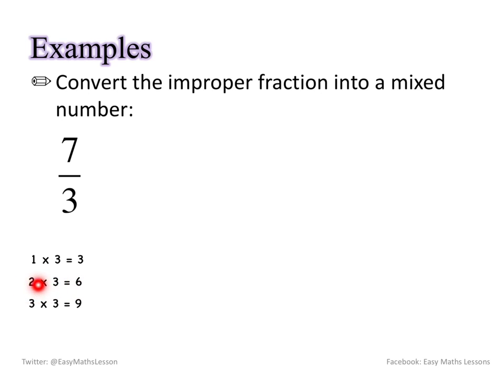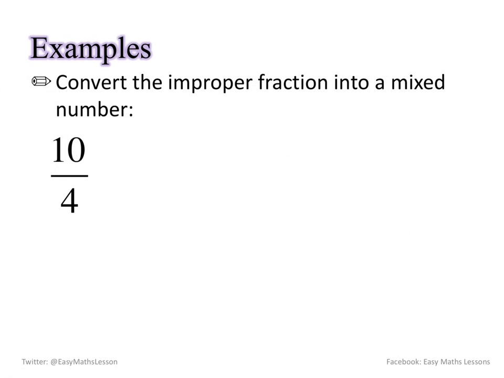So that will make it 2 whole numbers. And in order to get from 6 to 7, it is 1 left over. So I've got the 2 and 1 remainder. So 2 full ones and 1 remainder. But the remainder I put over 3 because that is my denominator. And there you go, 2 and 1/3.